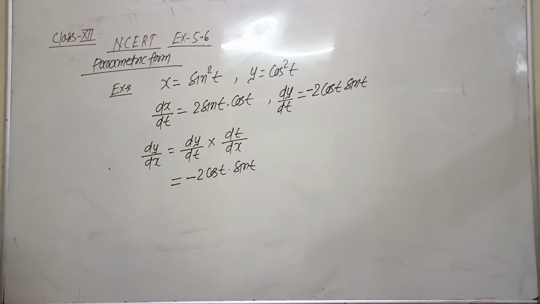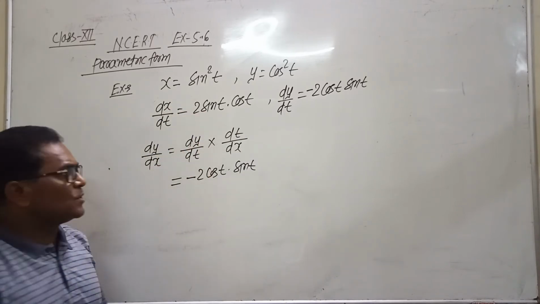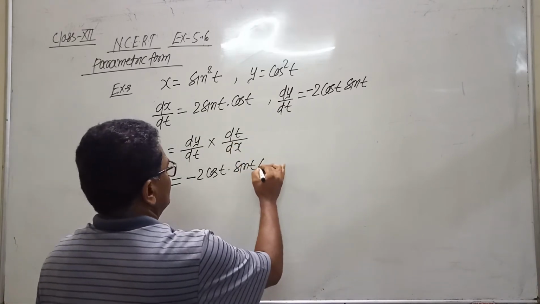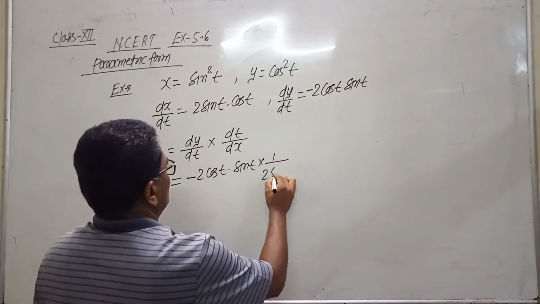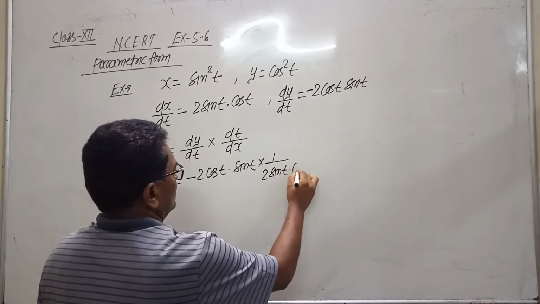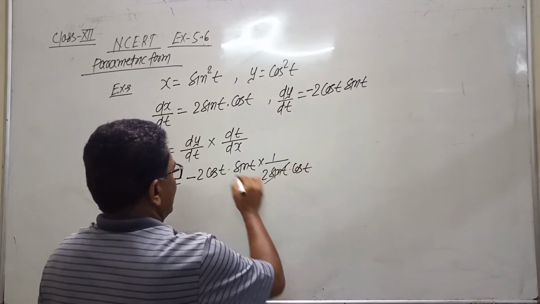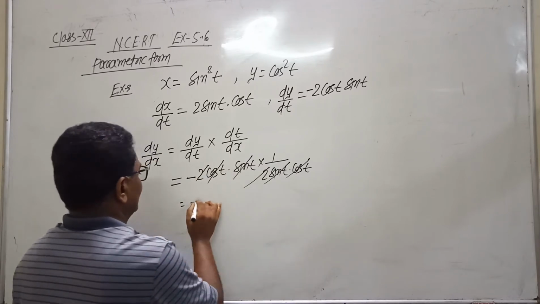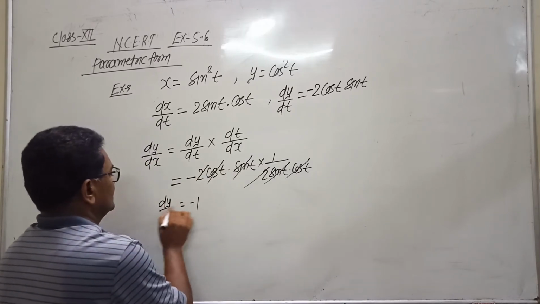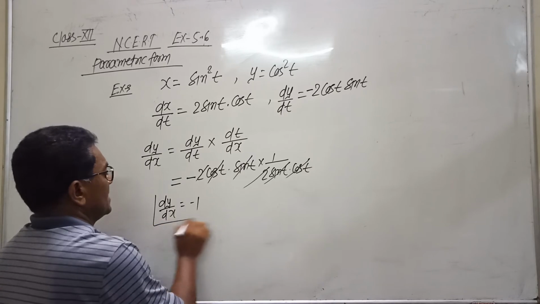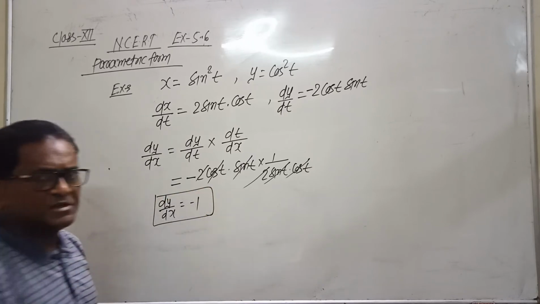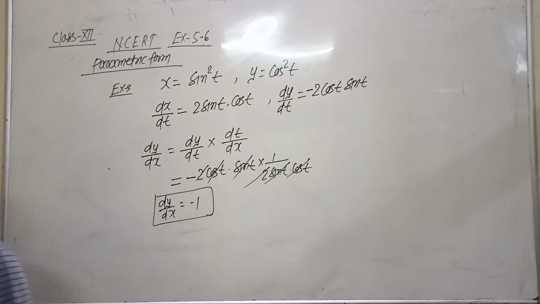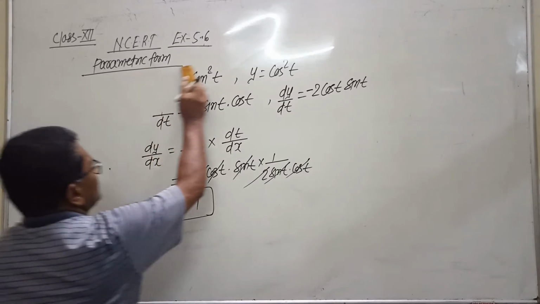So to write dt by dx, we make it reciprocal. So dt by dx comes to be 1 by 2 sin t into cos t. So sin t cancels, cos t cancels, and 2 and 2 get cancelled, and the value of dy by dx comes to be minus of tan t. So this is the way to solve the parametric form of the functions to find dy by dx.